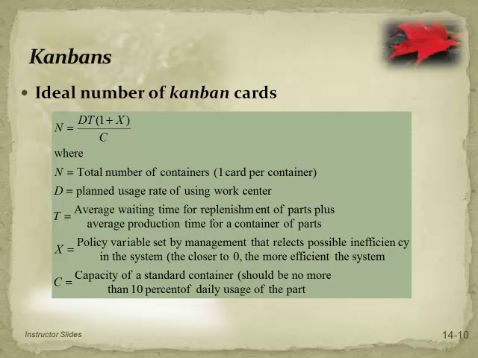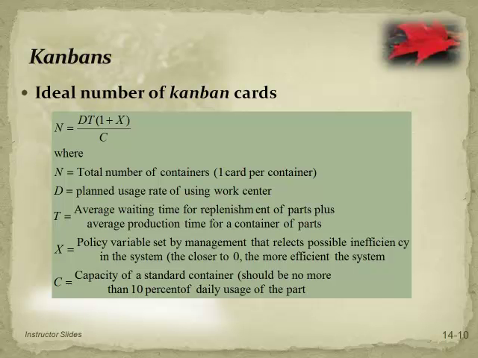So we have a supply of those parts in a container, and we're going to be using them to do some type of operation. Well, before long, we're going to run out. How long does it take us to get another container that has a full supply of those parts? So T represents what that time is.